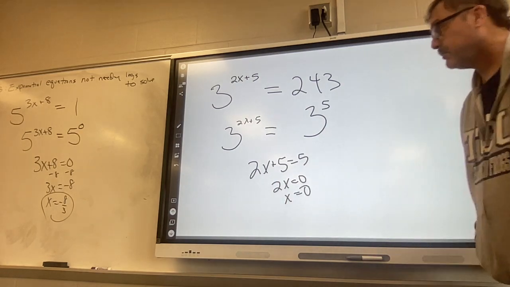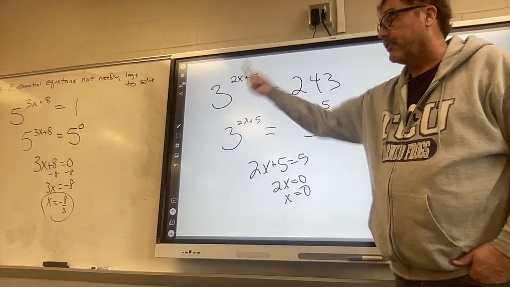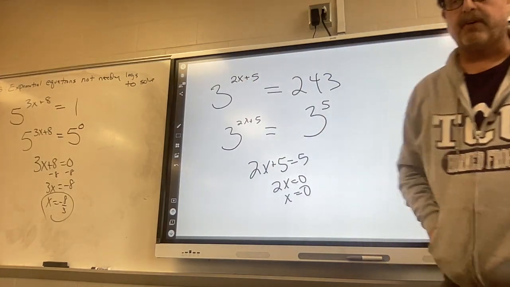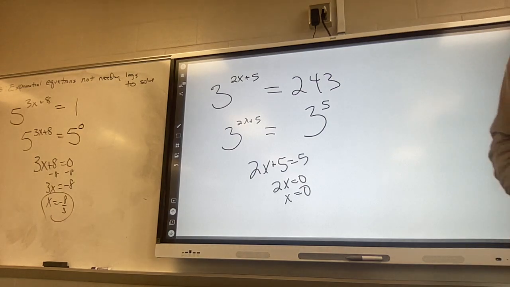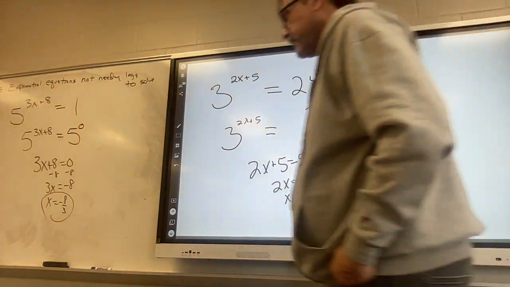X equals 0. We sure could use our calculator to double check. 2 times 0 is of course 0 plus 5 is 5. 3 to the 5th is 243. Woohoo, woohoo. Do I have enough time? Oh, do I ever.